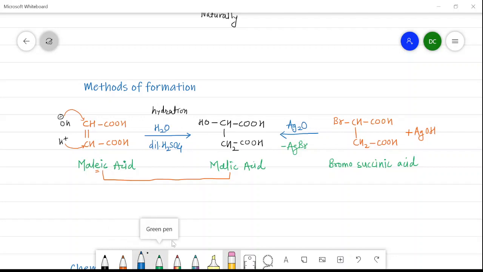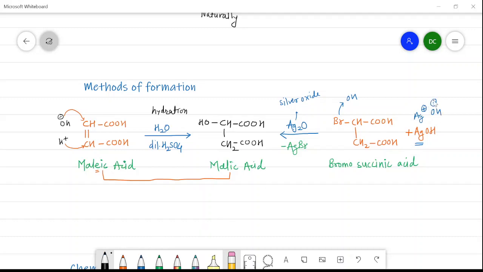Then the second method is from bromosuccinic acid. There is a bromine group on this carbon. We just have to replace this bromine by OH, and for this purpose we use moist silver oxide. This is the oxide which is dissolved in water, and after dissolution we get silver hydroxide. Then the silver hydroxide possesses Ag plus ion and OH minus ion.